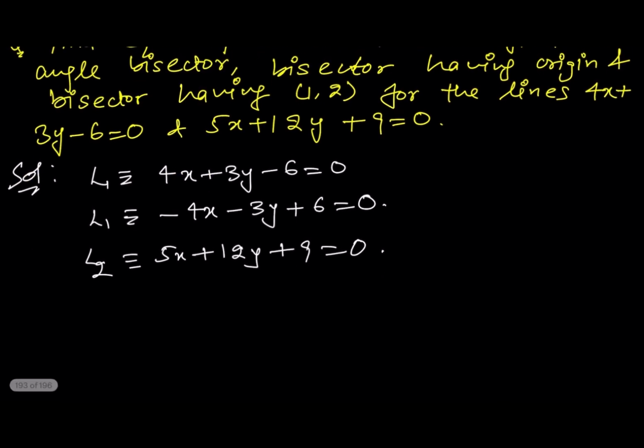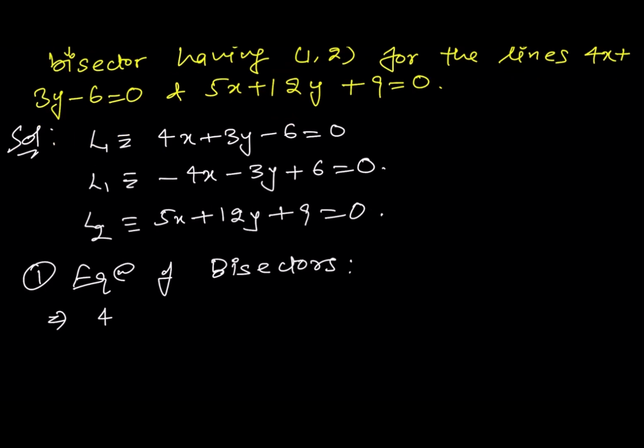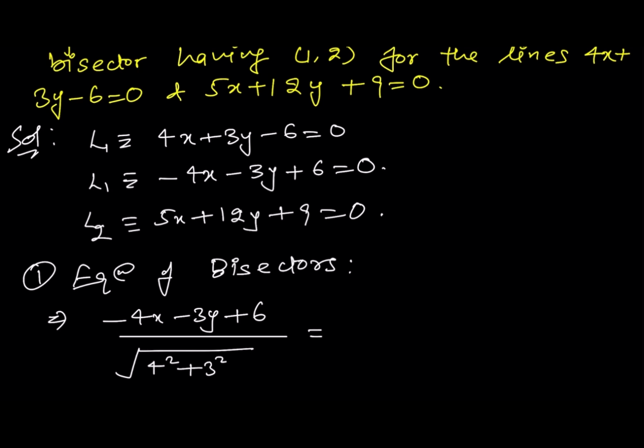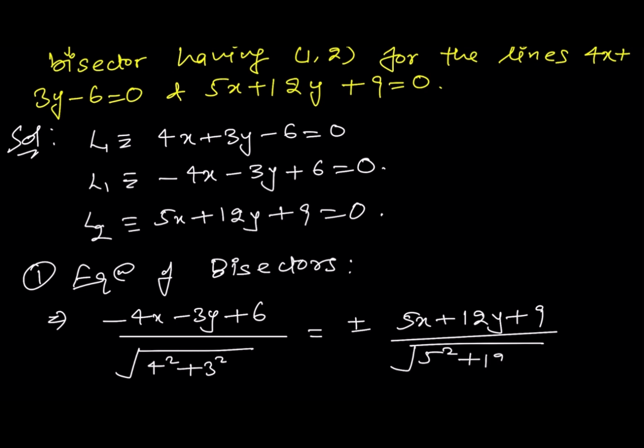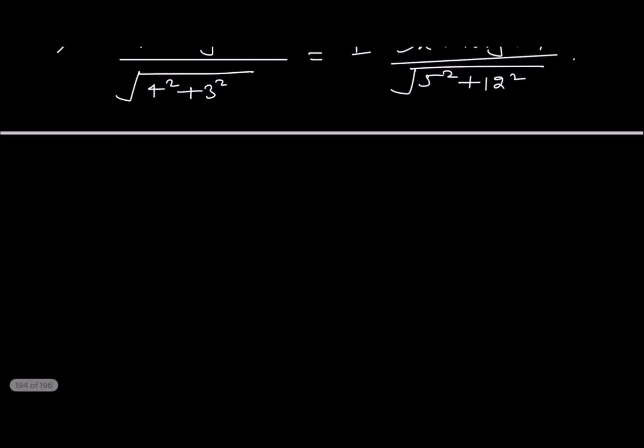So the equation of bisectors is (4x plus 3y minus 4x minus 3y plus 6) upon root over 4 square plus 3 square is equal to plus minus (5x plus 12y plus 9) upon root over 5 square plus 12 square.